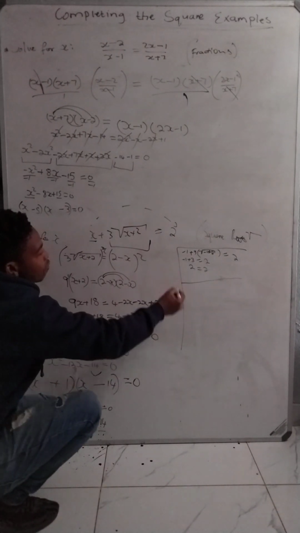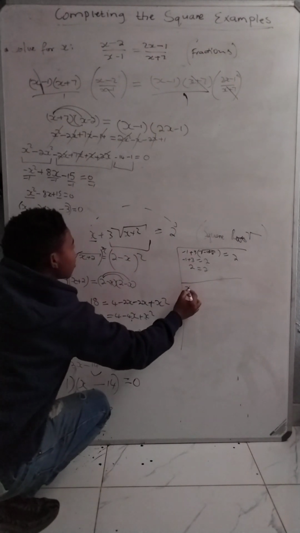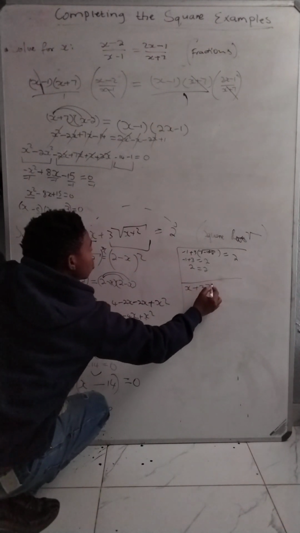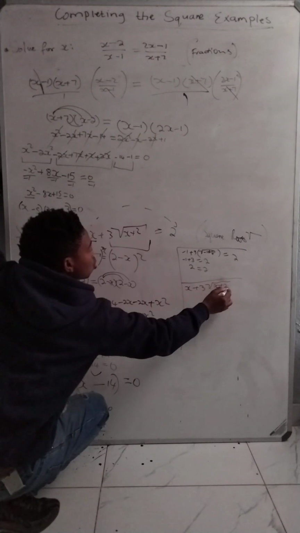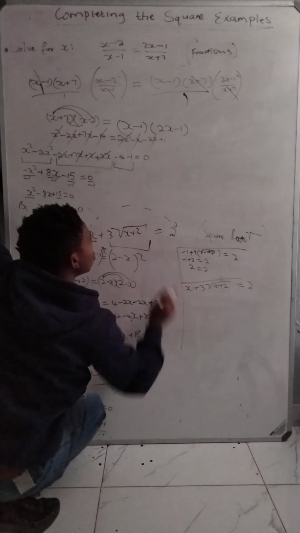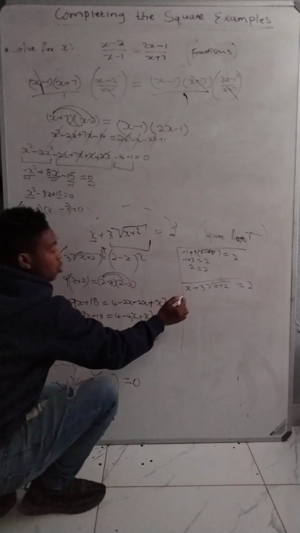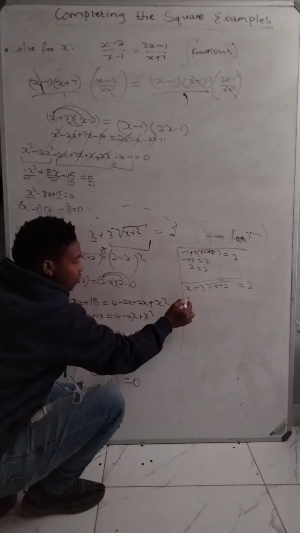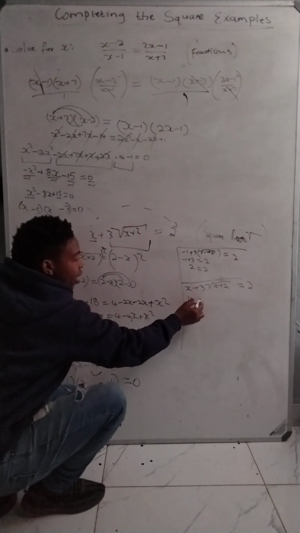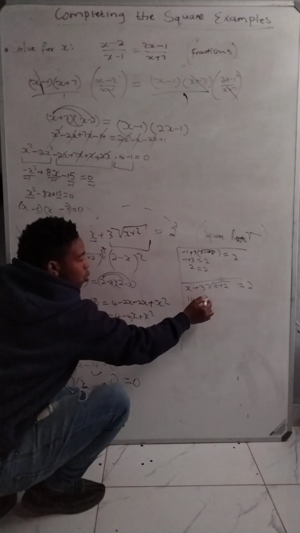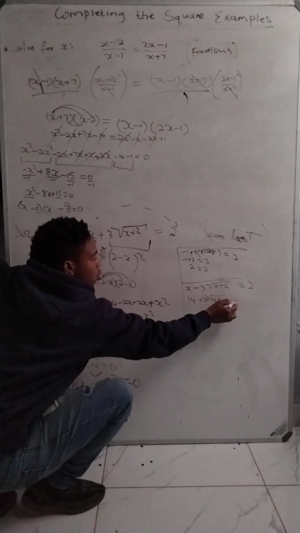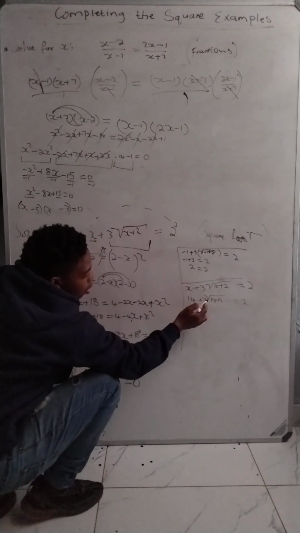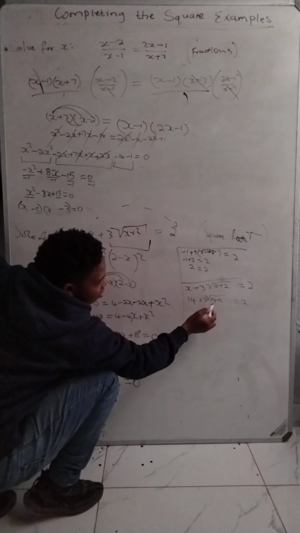So if we have this again, x plus 3 square root of x plus 2 is equals to 2. Let's see. So we'll have a positive 14 in place holding for x. 14 plus 3 square root of 14 plus 2 is equals to 2. So 14 plus 2 is 16.